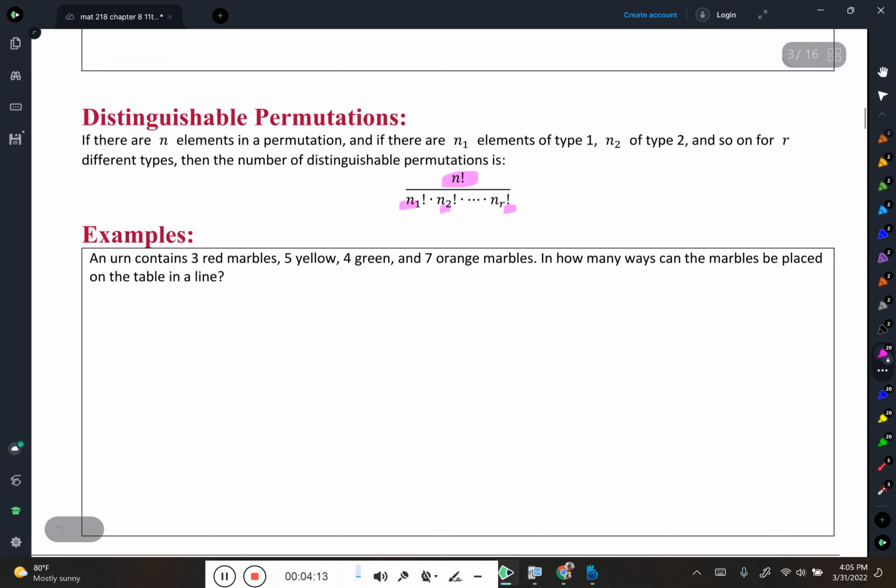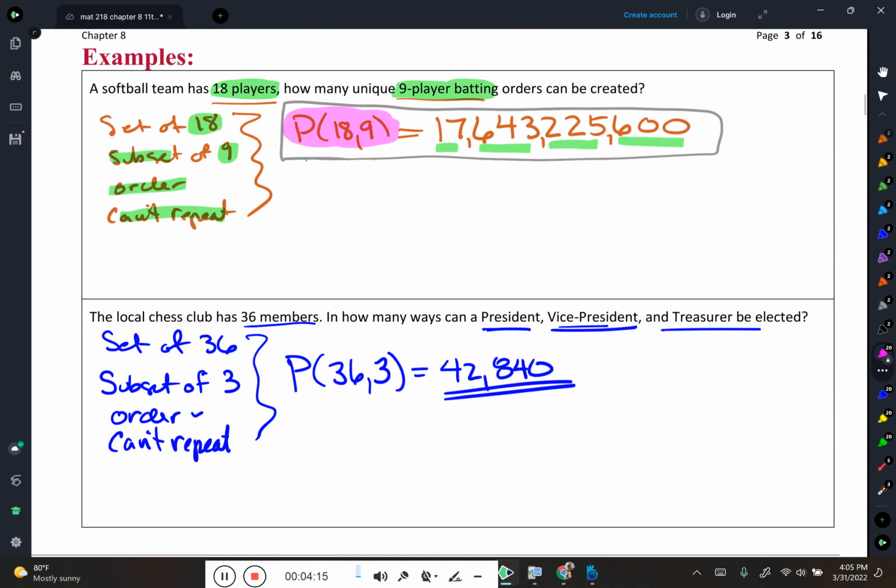Well, in the examples we looked at, we were creating a subset each time, but the items in the original set were distinguishable. What I mean by that is, I can tell all 36 members of the chess club apart, or I can tell all 18 players on the team apart.